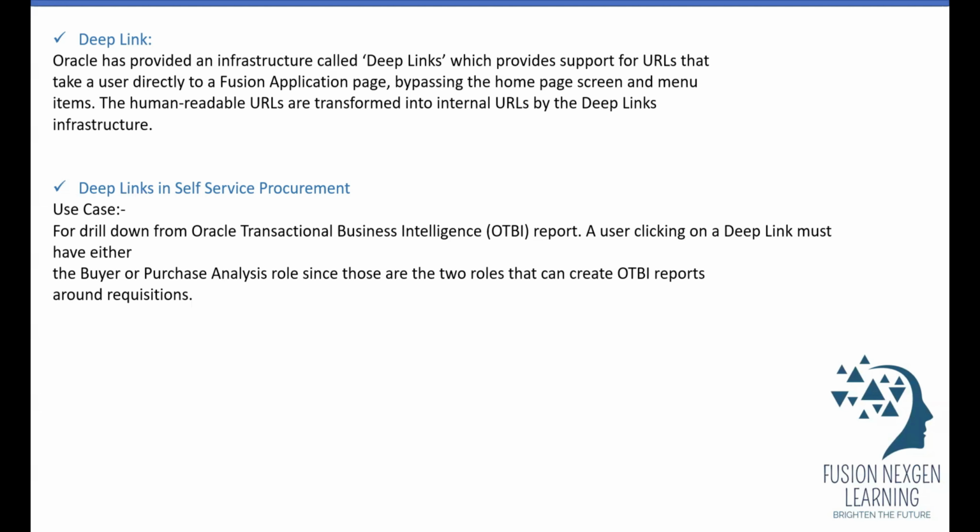Let's begin with the demo. I'll walk you through the demo, and then we'll talk a little more about how you can configure and use it so that it is easy for you to create an OTBI and use such features.